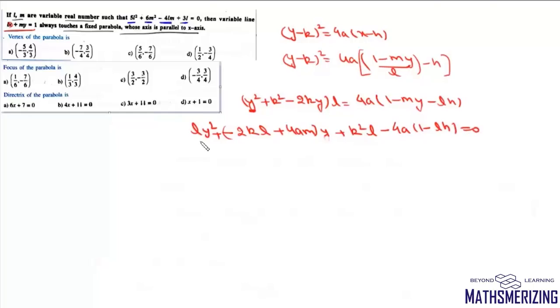Now we know that this line will touch this parabola only when we have one point of intersection, and the condition for one point of intersection is that the value of D should be 0. So for this quadratic in y, we'll put D equals to 0.